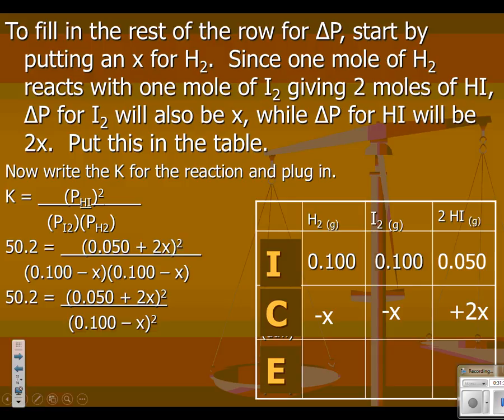I don't know how much it's going to change. But I can plug it in now, and remember I told you some of them we're going to need to use the quadratic, the minus b squared thing. So here we're getting this. Now, it's going to be pretty small.